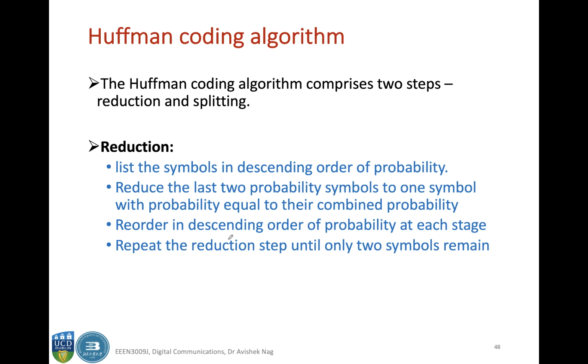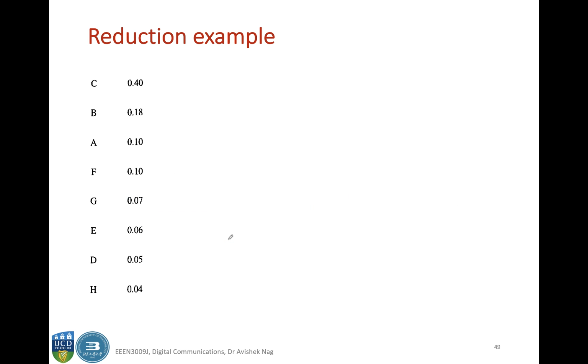So you can decode this type of variable length codes using the Huffman coding algorithm. Okay. So the Huffman coding algorithm has 2 steps: reduction and splitting. So we will just go through this reduction and splitting with an example.